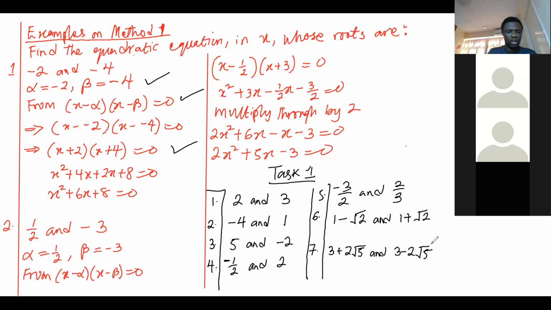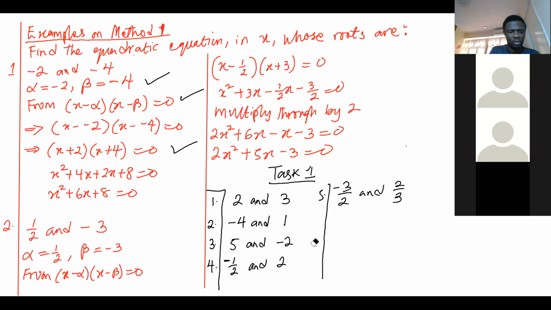Short form might be complicated using this method. Okay, don't worry about it. Sorry. Ignore 6 and 7. We'll do that in the second method. Okay, so don't worry about it. I'll just post only these 5.